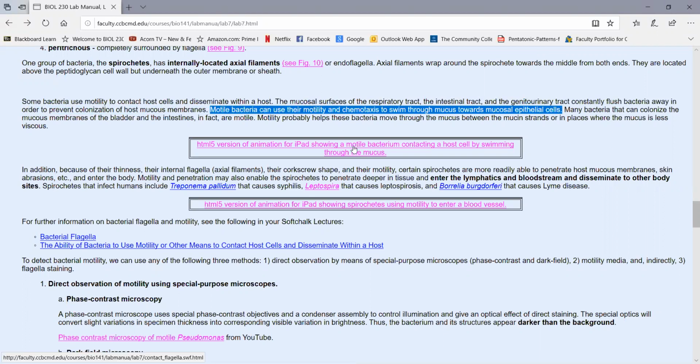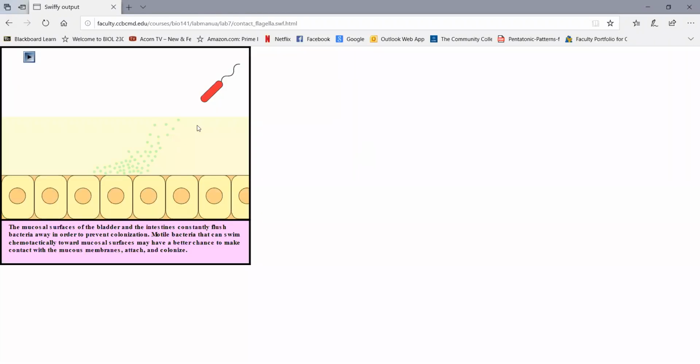So we showed you this animation. So again, here we see a bacterium with a flagellum, a monotrichous arrangement. This is mucus, the pale yellow, and this is a gradient of chemoattractant. So the bacterium is going to swim towards increasing chemoattractant, which are chemicals produced by the epithelial cells, until they make contact with the cells, and that way they can resist being flushed out by the mucus.